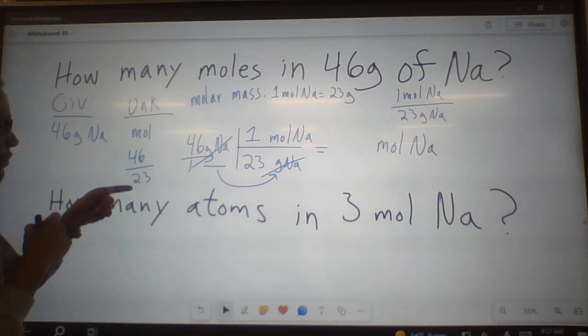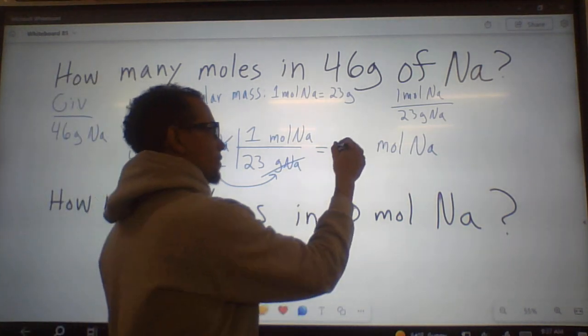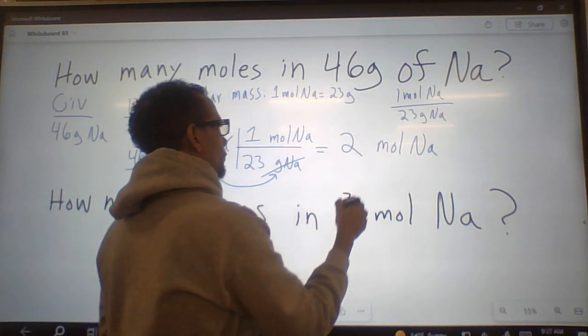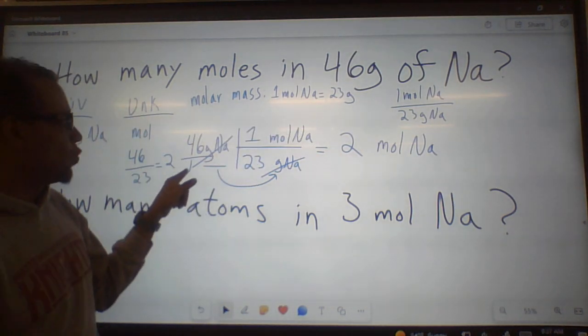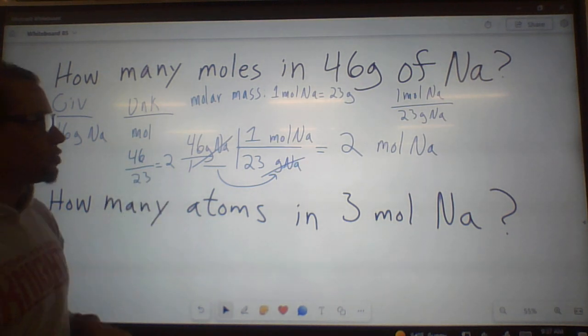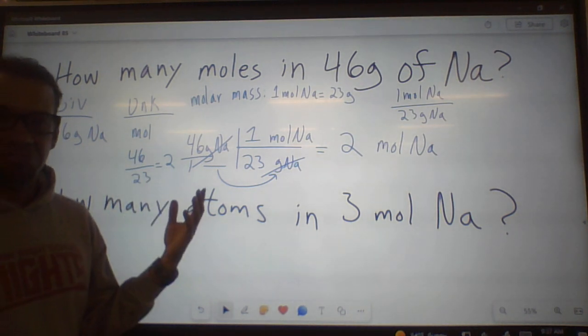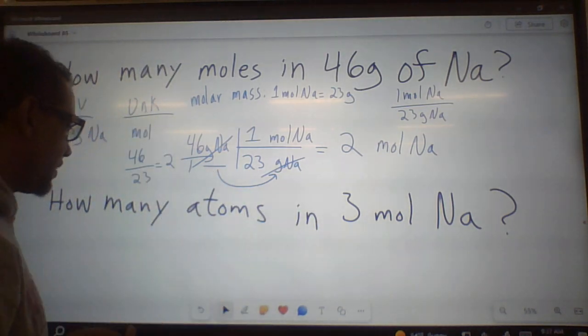So 46 over 23, okay, that's just a fraction. That's a 2. So we'd have 46 times 1 at the top, 1 times 23 at the bottom, and then we express that: 2. No problem. This is easy. Just slow down and take your time. This is easy.